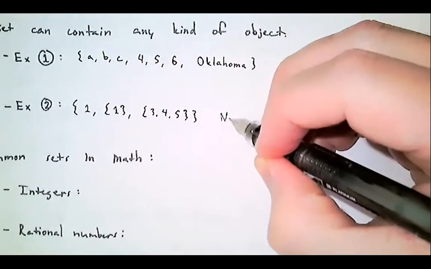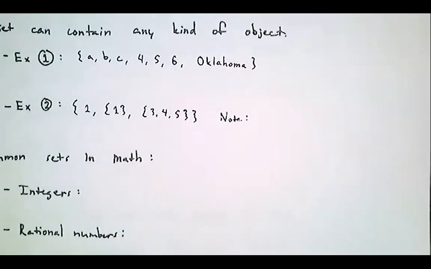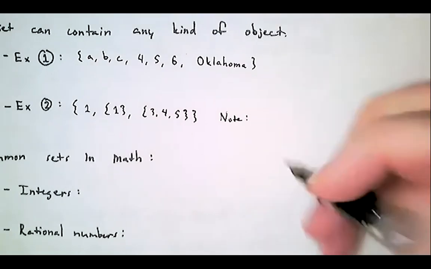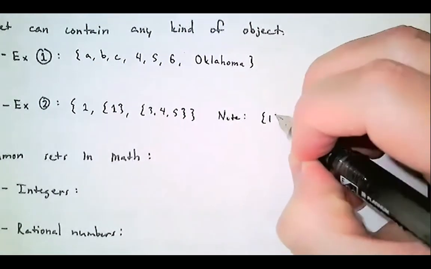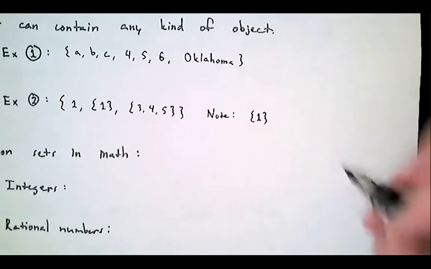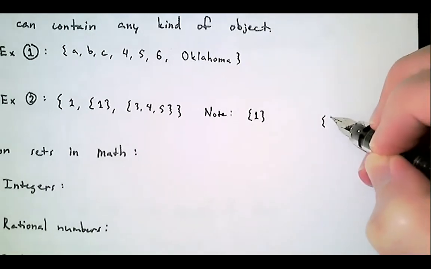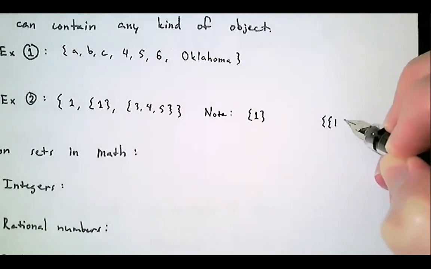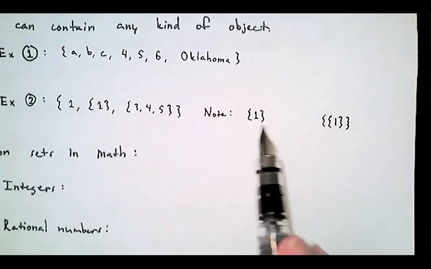And there was a good question in the last class, so I'm going to go ahead and answer it in case you don't think of it. There was a question about whether this set, the set containing the number 1, is different from this set. So it's a set with a set inside of it, with 1. So what do you think?